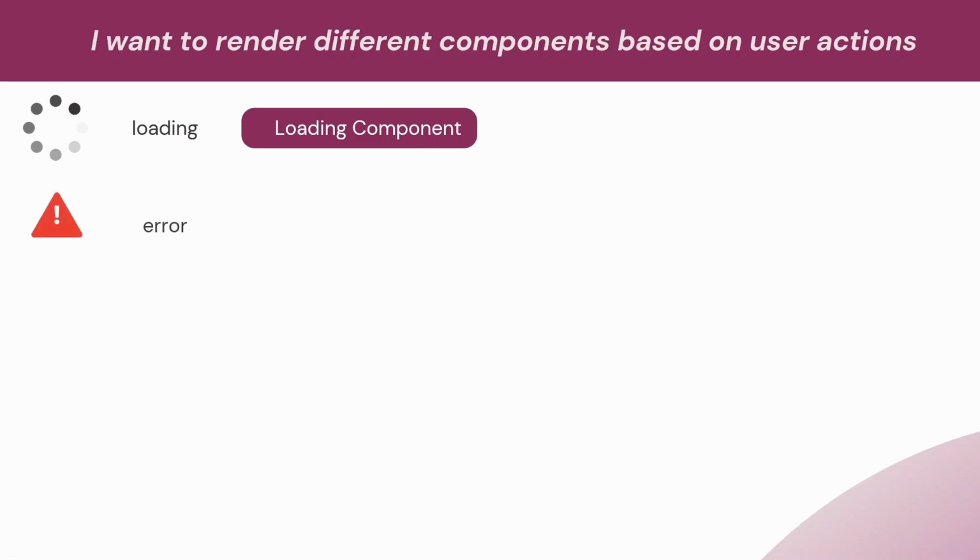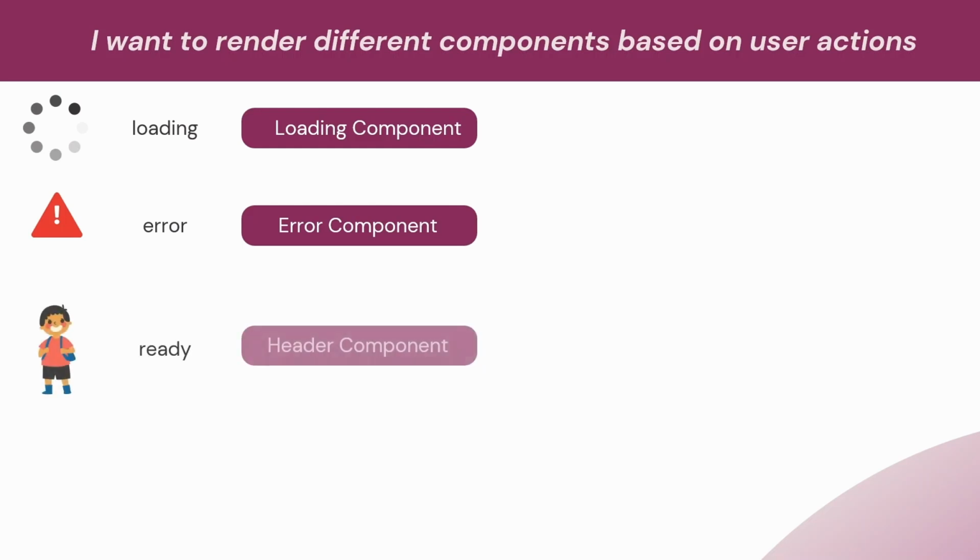If I am having any error, or if I have not started my JSON server, then what I have to do, I have to render this error component. If everything is ready and successfully, if I have fetched the data, then what I want to do, I just want to display my header component. Inside that, we are having start quiz.